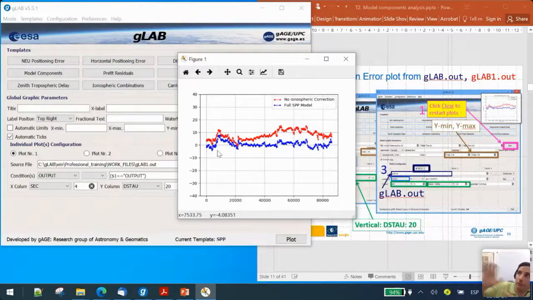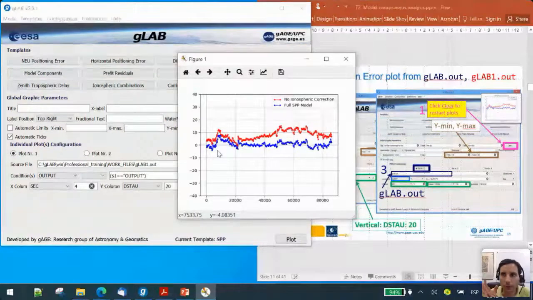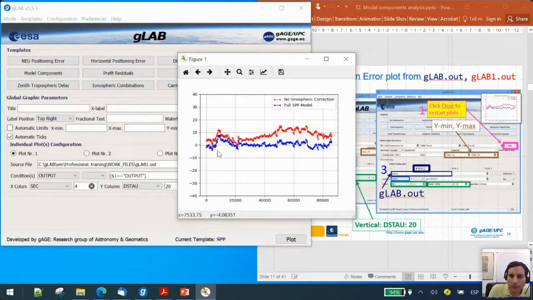And we saw the two already, because when we pressed the northeast up error tab, we were looking at the 3 errors. But here we are comparing the effect of neglecting one of the models, and we are looking at the impact in the positioning.